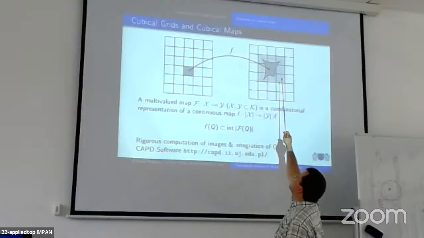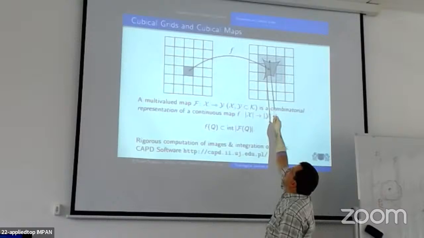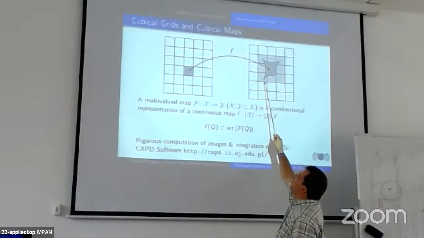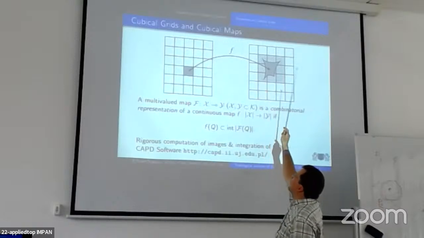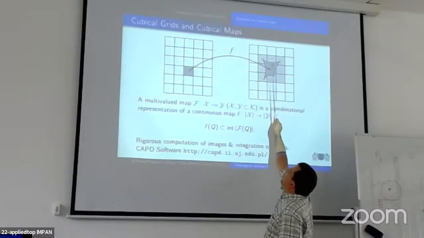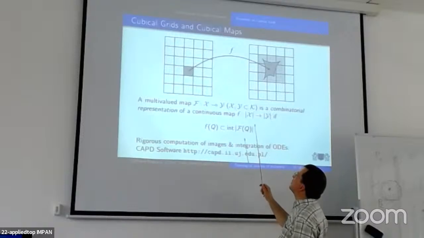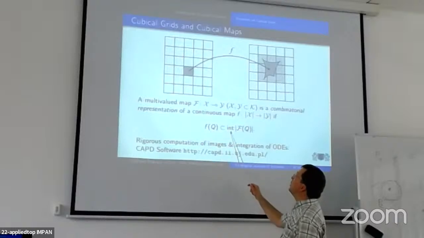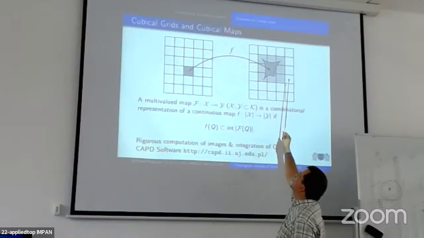So in this way, we compute an outer bound for the real image of the map. And then we cover this by the boxes, by the grid elements. And we cover in such a way that the actual image of the box is contained in the interior of these boxes.